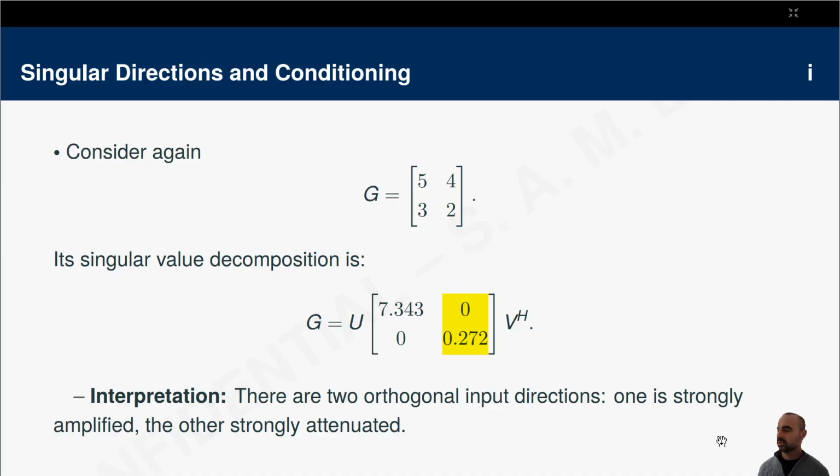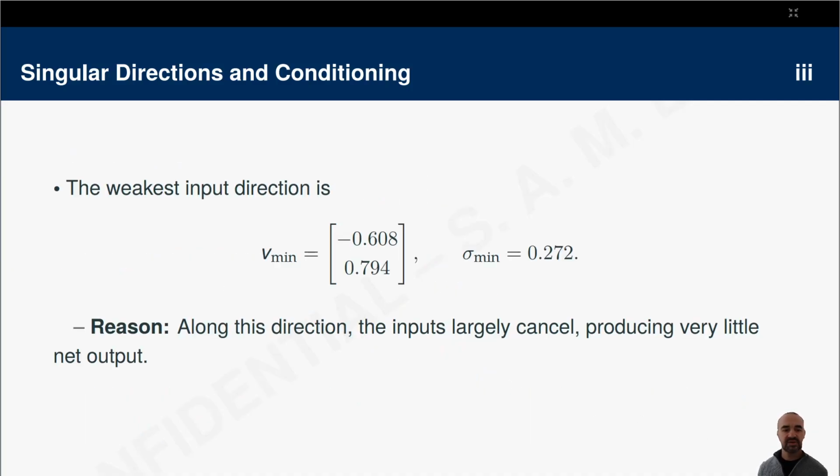So let's continue. The weakest input direction is V min, which is minus 0.608 and 0.794, and sigma min is 0.272. Recall what sigma min was. Go back to the notes and see how we computed sigma min.